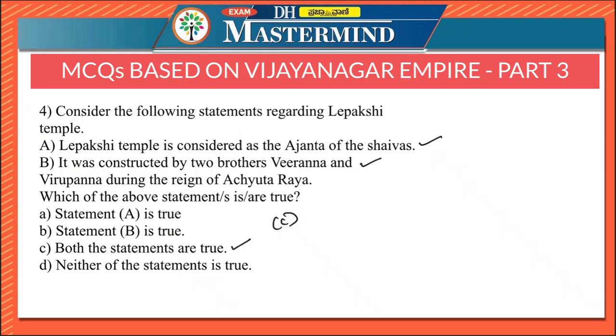We all know that Ajanta is celebrated for its paintings. The Ajanta caves are Buddhist caves and they are celebrated for their paintings. Likewise, Lepakshi is also celebrated for its murals and paintings, and this Lepakshi temple is dedicated to Lord Shiva in the form of Veerabhadra.